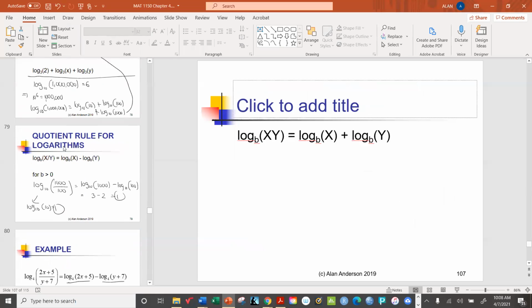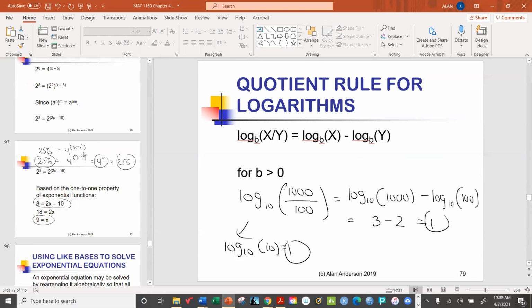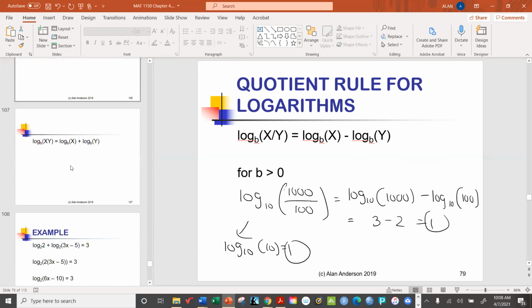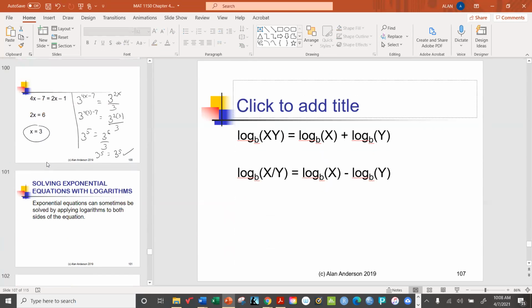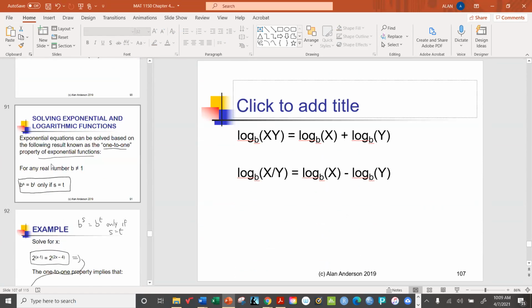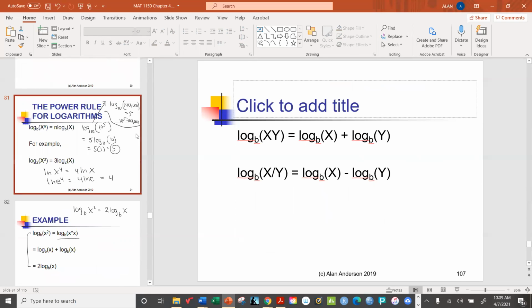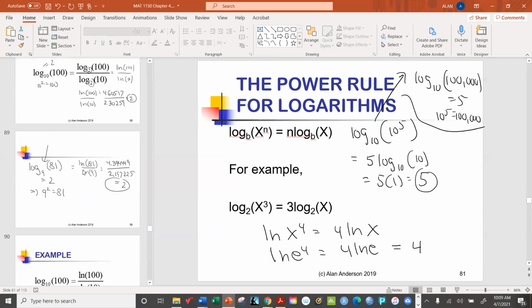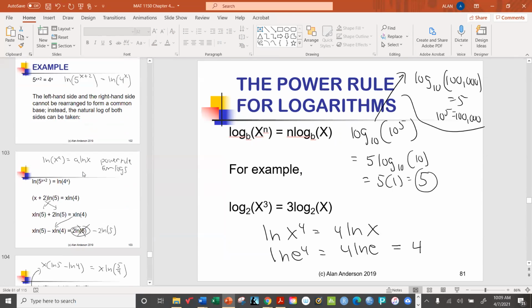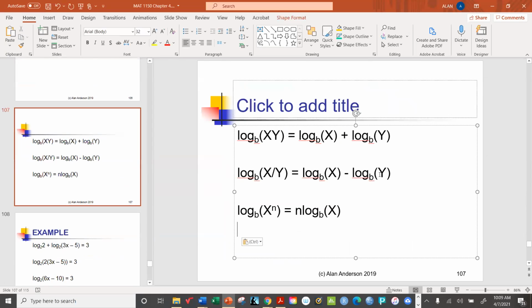Oh, almost. Here it is. This is our quotient rule, as we called it. And then finally, we need the power rule. Okay, so they're all together now, one convenient location.